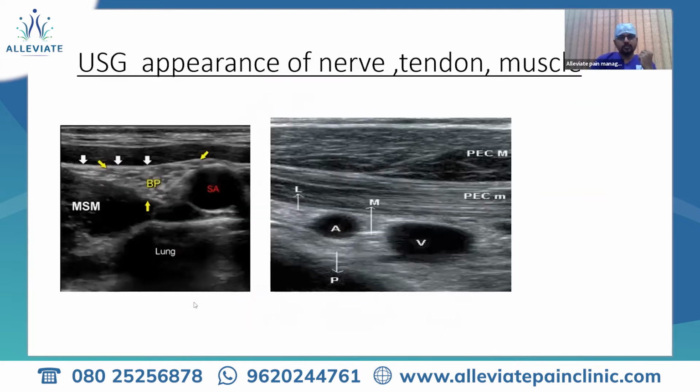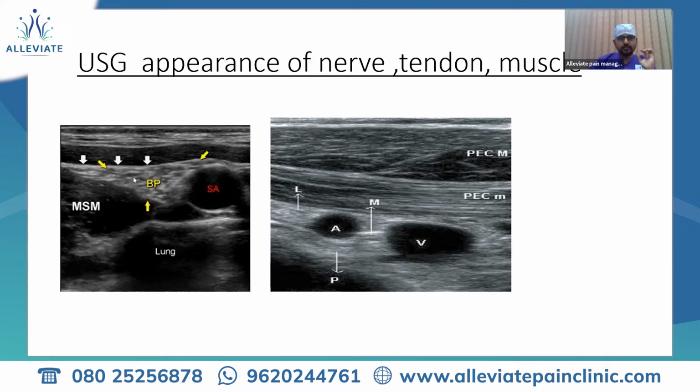It is very important to know about the normal sonographic appearance of the structures we are going to be dealing with today. That is, more of interest will be the nerve, the tendon, and the muscle. On the right hand side, you can see a nice hyperechoic structure which has hypoechoic structures in between, surrounded by hyperechoic structures.